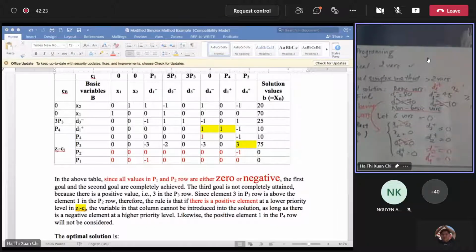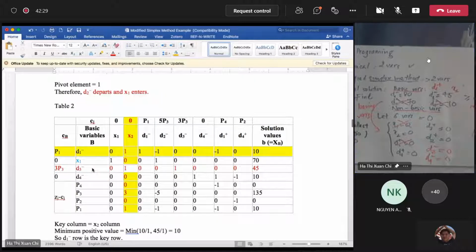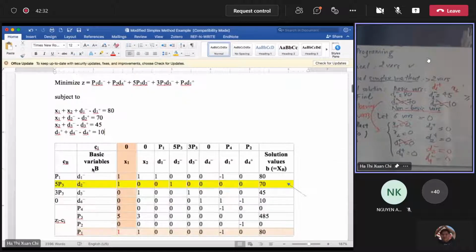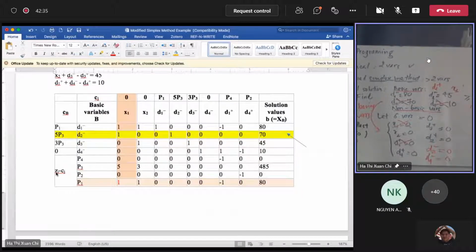Can you explain how to set up the cell for row 4? Okay, so I already explained here. That's one related with Zj minus Cj, right? So here, Z1, look at the board. Z1 minus C1. So we take here CB times with the coefficient here.